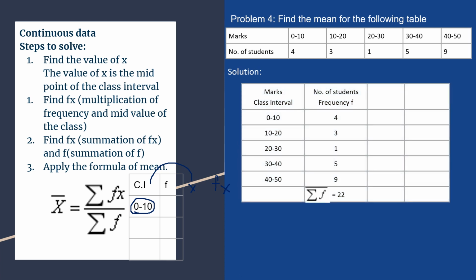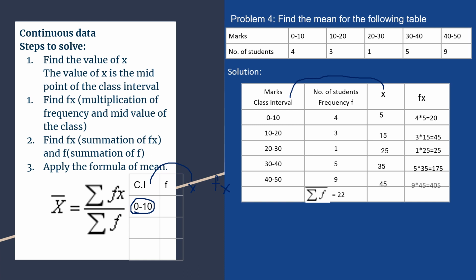First we'll find the value of x, which is the midpoint of your class interval. So for 0 to 10, the midpoint, we get 5, 15, 25, 35 and 45. Then find f into x. Multiply these two columns, f and x.